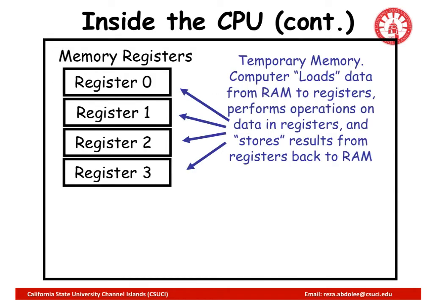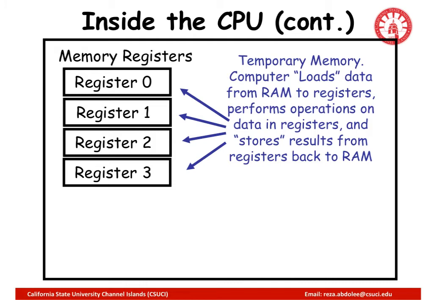Memory registers are an important part of the CPU. They can be considered temporary memory, and they are much faster than external memory. When the CPU executes instructions, it uses these memory registers as temporary storage.